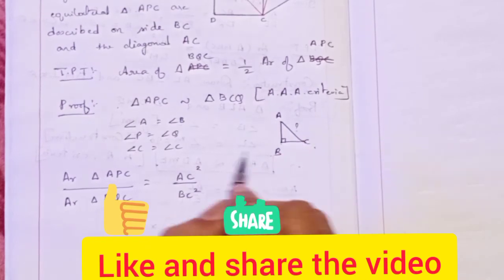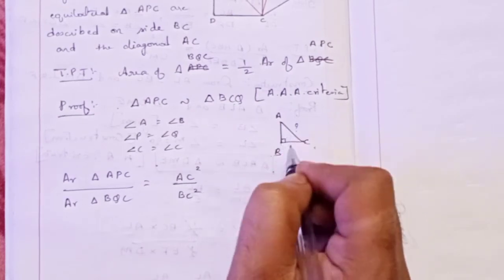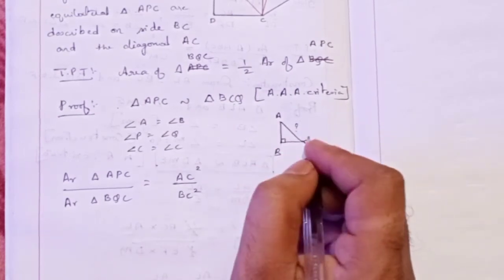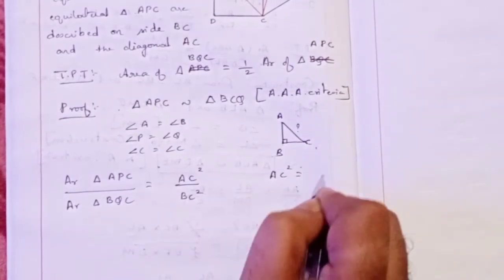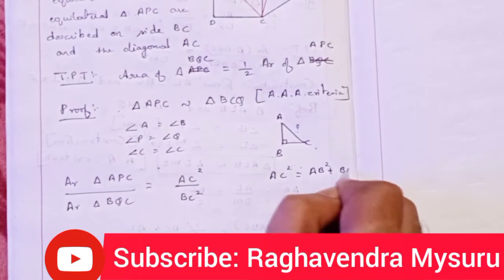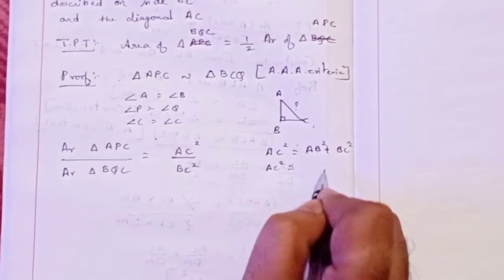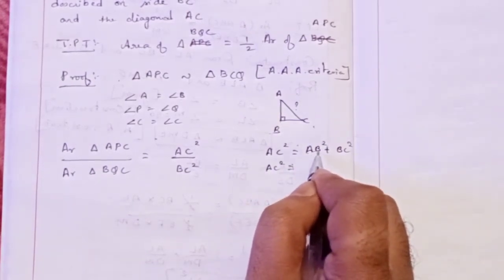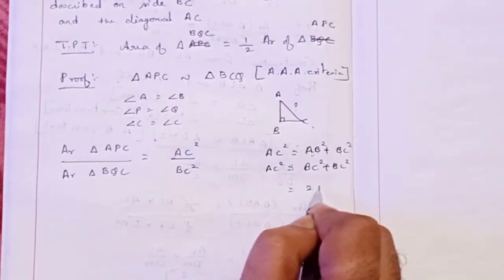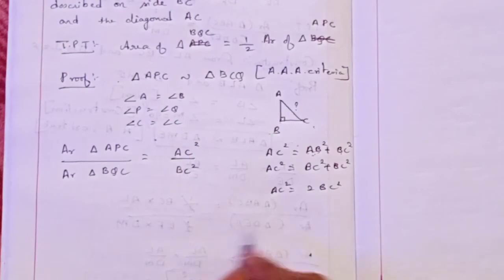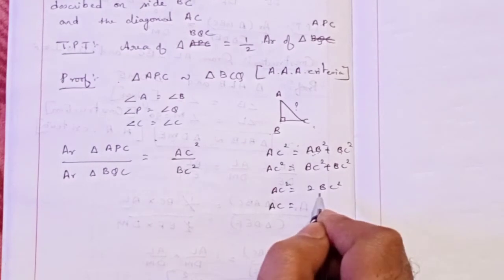We can calculate the measurement of AC by using the Pythagoras theorem. So by Pythagoras theorem, we can write AC square is equal to AB square plus BC square, correct? We know that AB and BC are equal in measurement. So instead of AB, I can write BC square plus BC square. It is 2 times BC square. So AC square is equal to 2 times BC square.